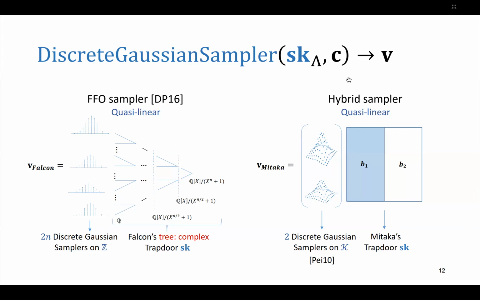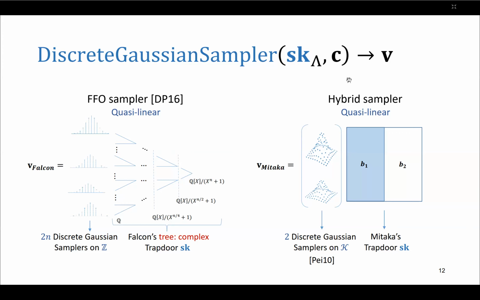For example, you can see here we have a tower of rings, and we need to descend this tower by dividing the degree n of the polynomial from n to 1, just by dividing by 2, which means that n must be a power of 2. So that's the restriction on parameter selection. Looked at this way, Mitaka is more favorable for implementation.